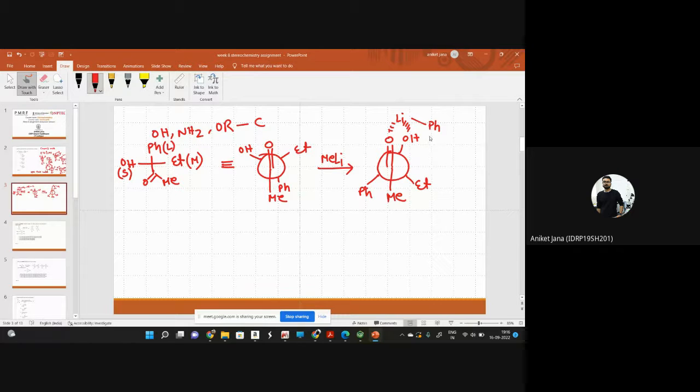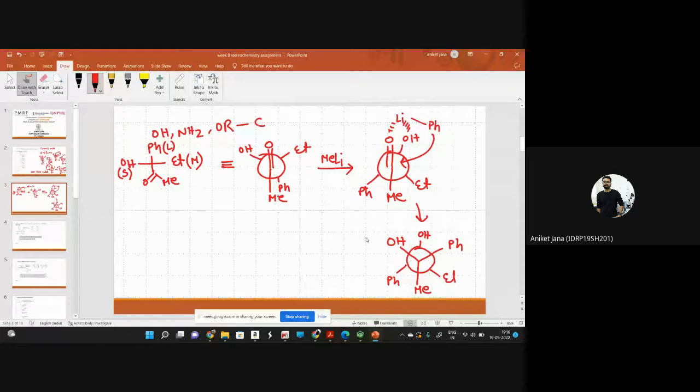So definitely it will attack from the side of the medium group to the carbonyl, and our product will be, okay. So this will be our final product.